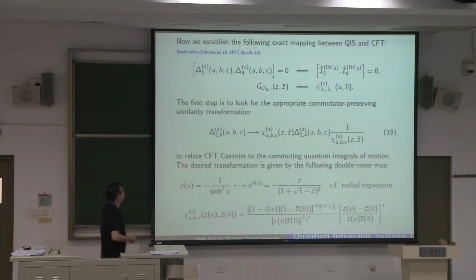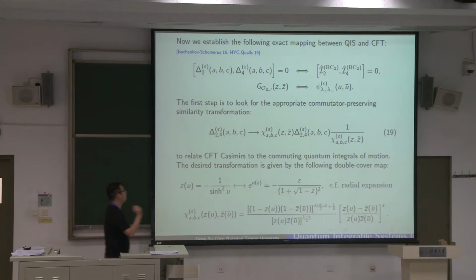OK, so now I want to establish the following exact mapping. I guess this one should really come first. The statement here is that the scalar conformal block is an eigenfunction of this hyperbolic Calogero-Sutherland system.